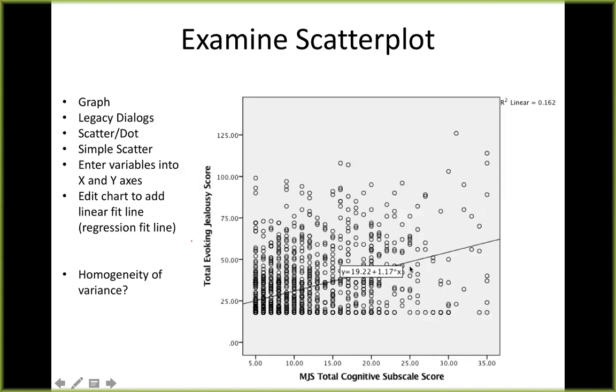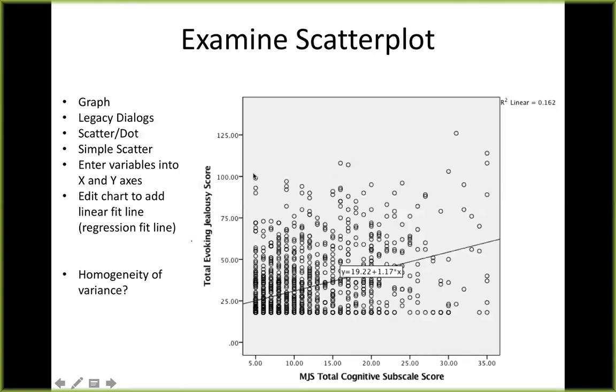We put the regression line on there, and essentially what this is saying is if we take any of the scores on X and multiply it by 1.17, add 19.22 to it, then that will give us an estimate of what we think somebody might score on Y.